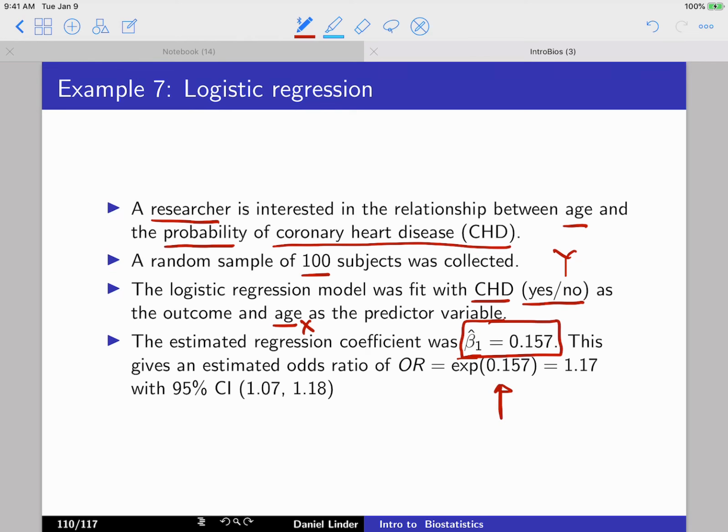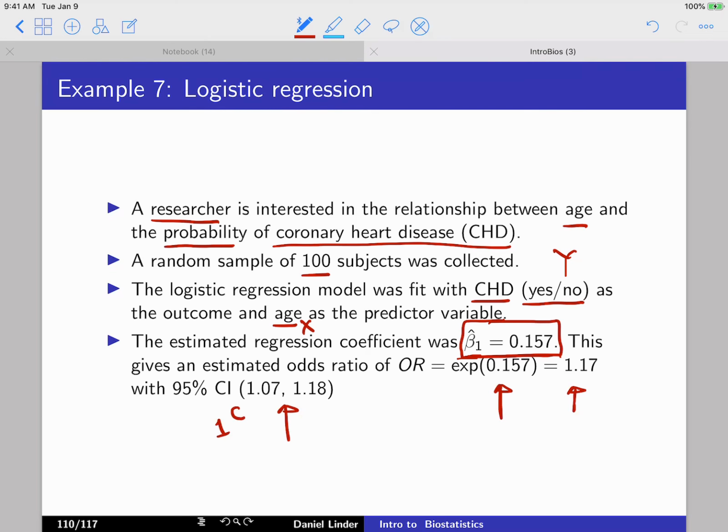So if we exponentiate this beta 1 hat, we get an estimated odds ratio of 1.17 and a corresponding 95% confidence interval. You immediately see that, remember, for odds ratios and risk ratios, 1 is the null value. A value of 1 indicates that there are no differences. And we see that 1 is not contained in this confidence interval.